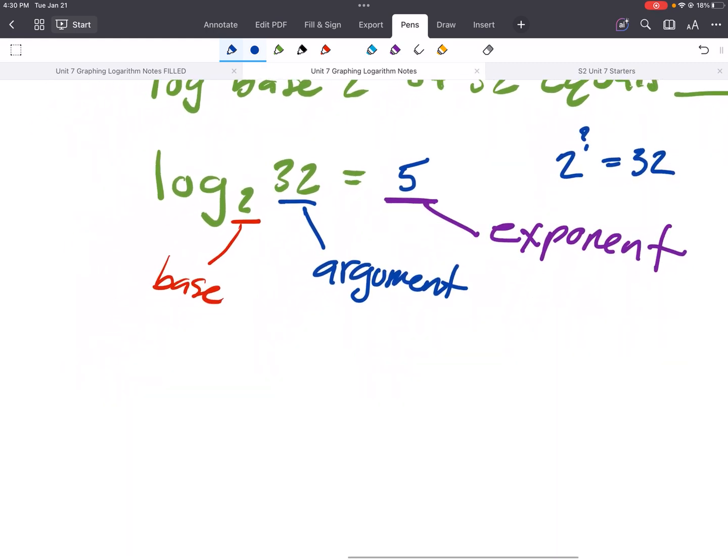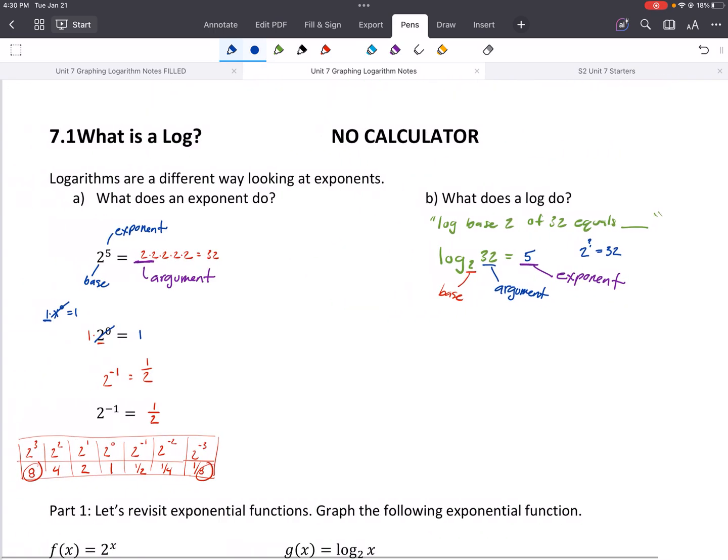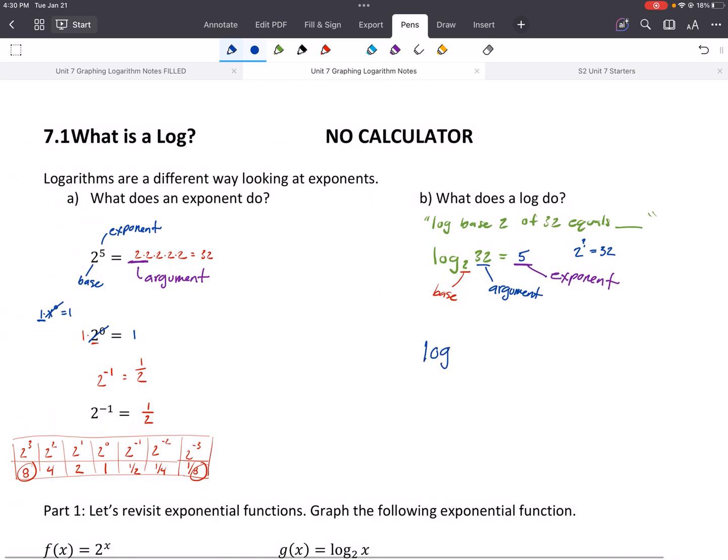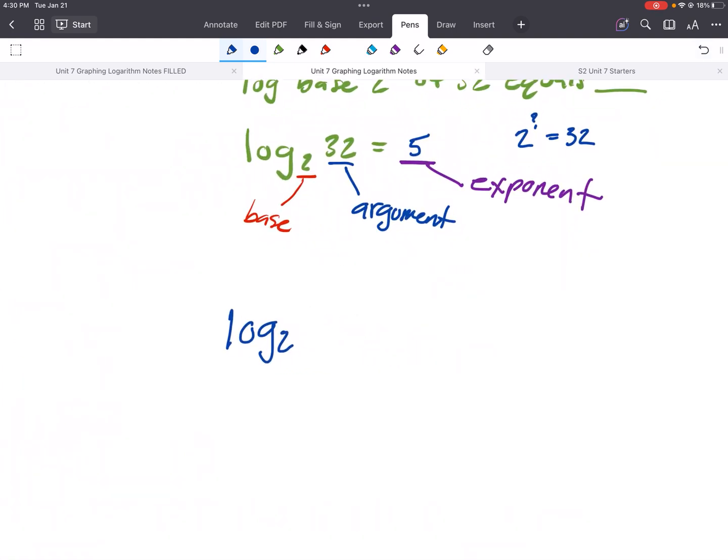Let's try another example. If we go over here, we would have log base 2 of 1 is equal to what? Again, this is saying 2 to what power is equal to 1?